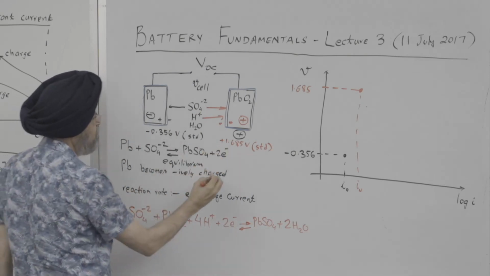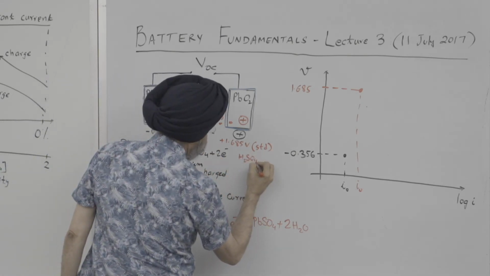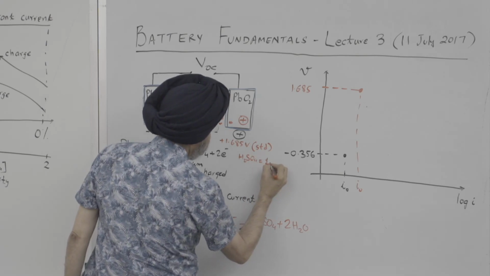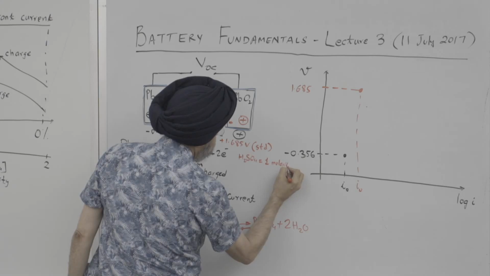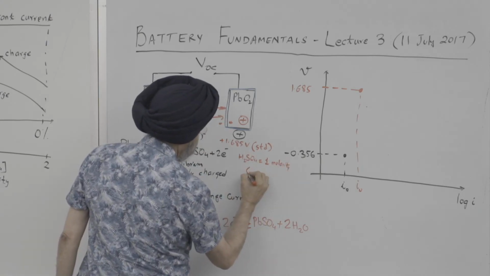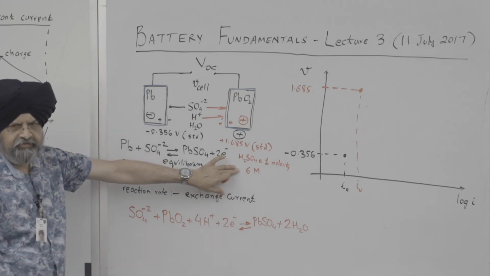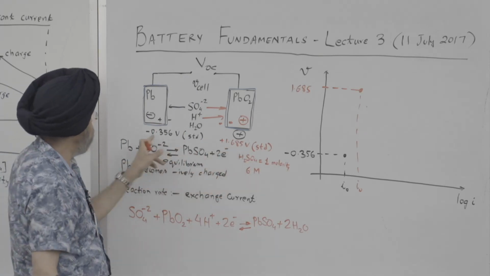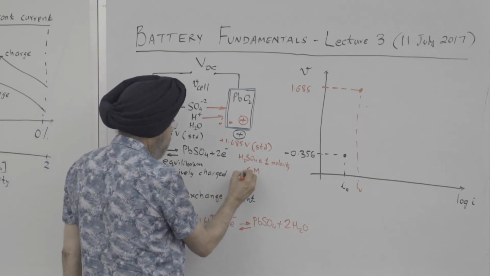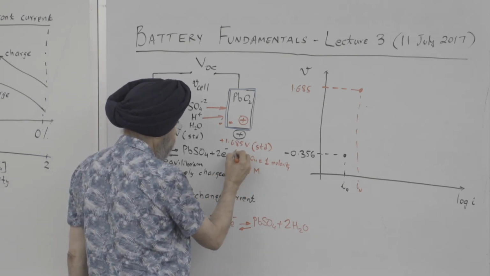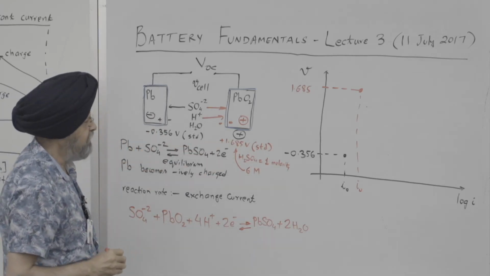What that means is that the sulfuric acid concentration would be 1 molarity. Even though we know that in a battery, sulfuric acid has 6 molarity, right? But these voltages are under standard conditions. Or, okay, maybe I'm wrong. Maybe it's 6 molarity that gives you that. Anyway, these are the voltages under standard conditions.